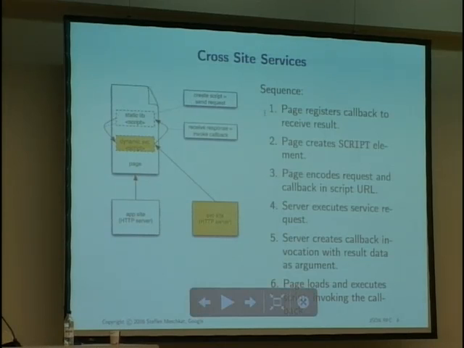This is what happens here. Now, I just explained that the content of a script element is not available to a page that creates the script element, but the content is just executed, or evaluated. And now, from a service, we want to get back data.